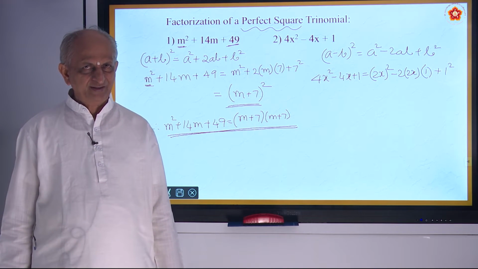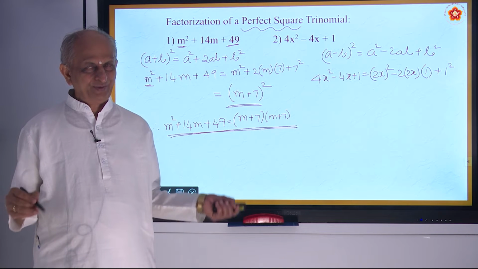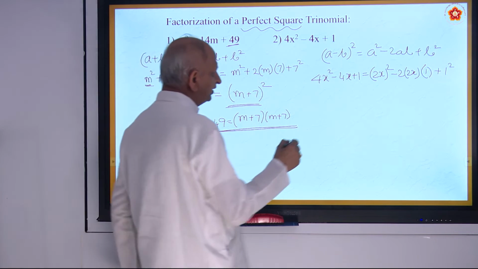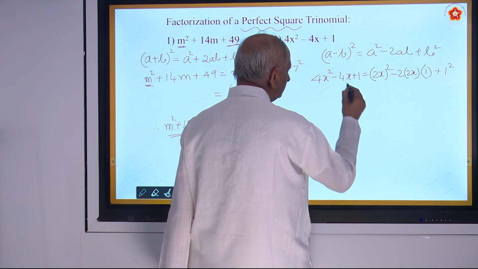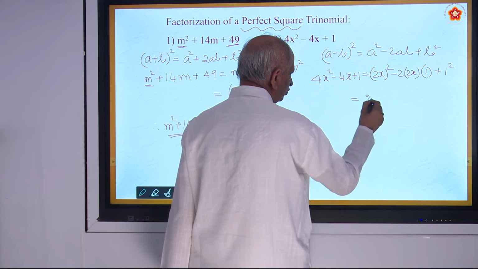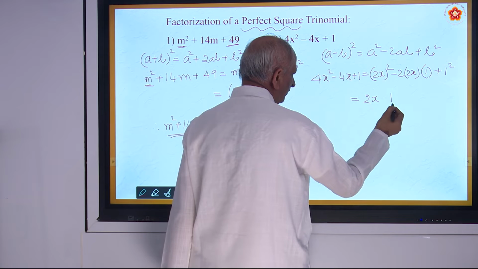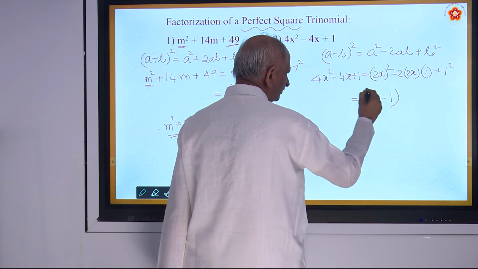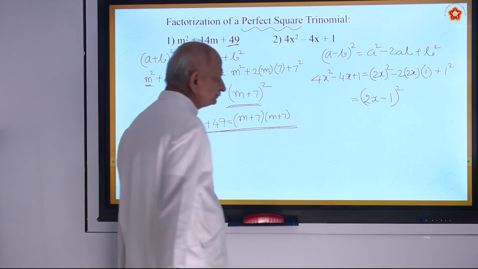Follow it carefully. 4x squared, when you remove the root of that, you get 2x, right? So it is nothing but, what is a? 2x. What is b? 1. And the middle sign is minus. (2x minus 1) whole square.